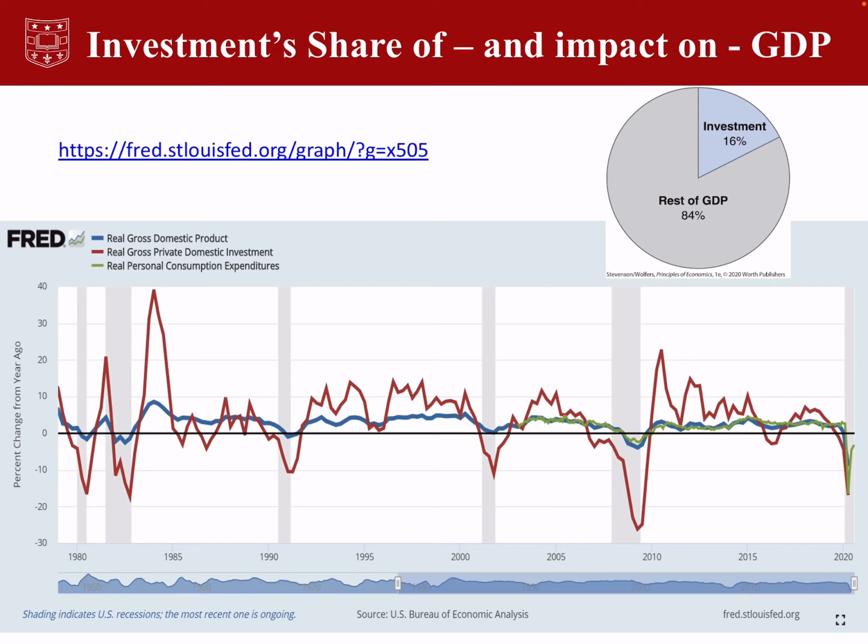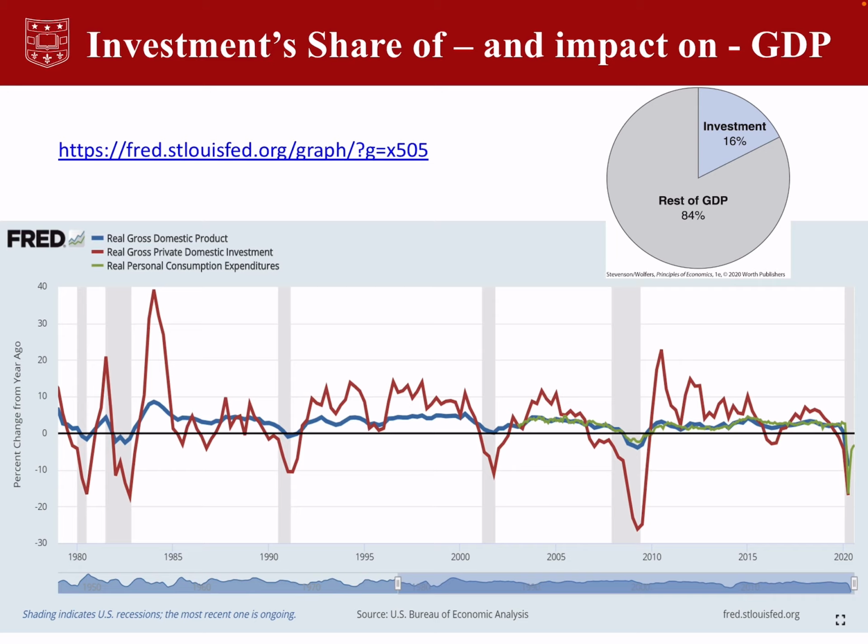Just as a little side note, the way in which real personal consumption expenditures is measured changed in the early 2000s, and so that's why this data series only goes back to about 2001 for consumption expenditures.